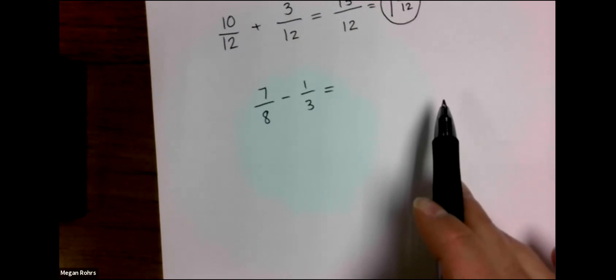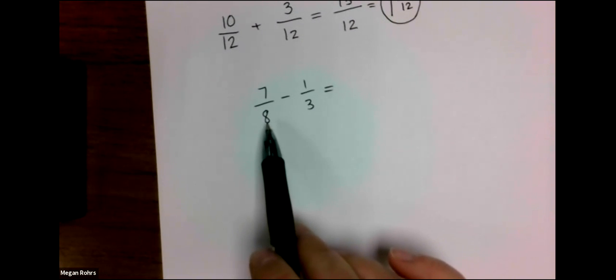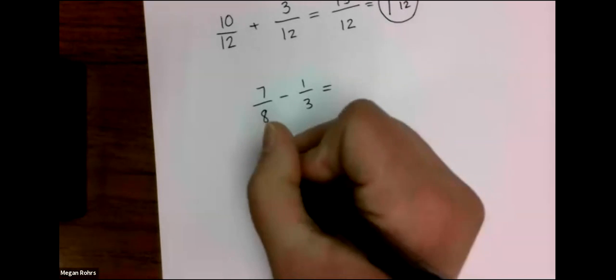It may just require a little bit of reducing further at the end. So right off the bat, I think to myself, well, 8 times 3 is 24. I know both of those numbers will go into 24. So we can use that here. So let's use 24.